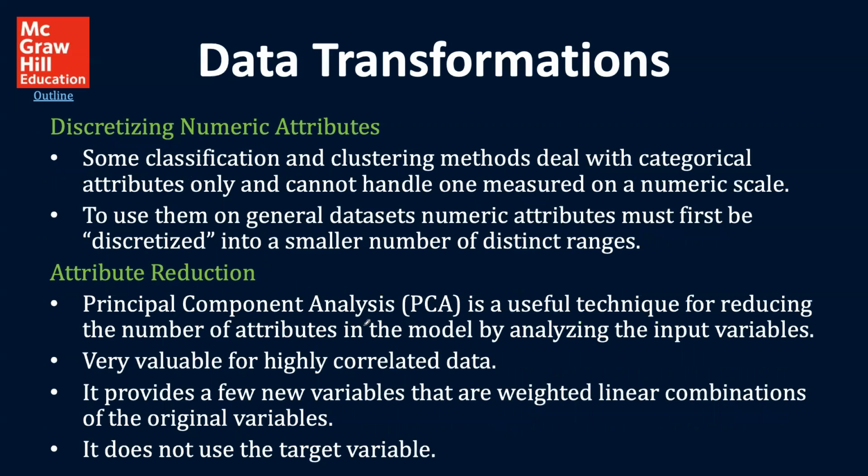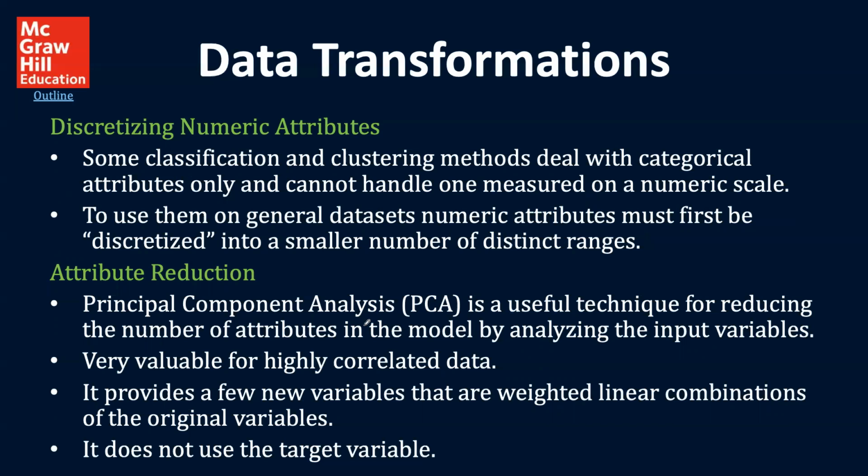You can have discretizing numeric attributes. Some classification and clustering methods deal with categorical attributes only and cannot handle one measurement on a numeric scale. To use them on general data sets, numeric attributes must first be discretized into a smaller number of distinct ranges. And then finally, attribute reduction.